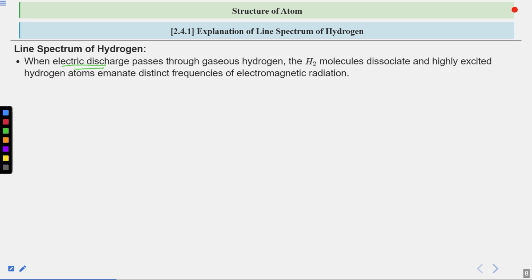So we are interested in the hydrogen molecule. Okay. So again we are applying energy to the molecule to make it go into the excited state. But in this case, rather than applying it through, say, electromagnetic radiation, we are applying this energy through electricity. So electricity is also a form of energy.